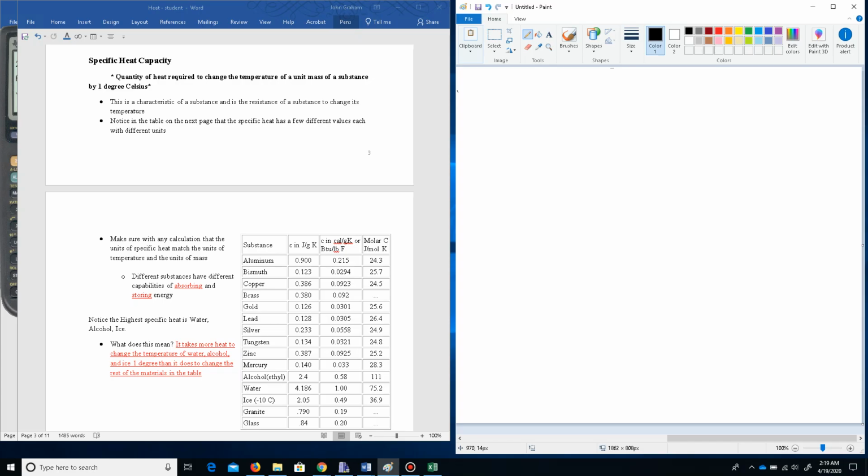This is a characteristic of the substance and is its resistance to temperature change. So, for example, if a substance has a high specific heat, that means it takes a lot more energy, a lot more heat, to change that temperature just a little bit. If it has a low specific heat, it doesn't take as much energy to change that temperature, so it changes a lot easier. So it's less resistant.